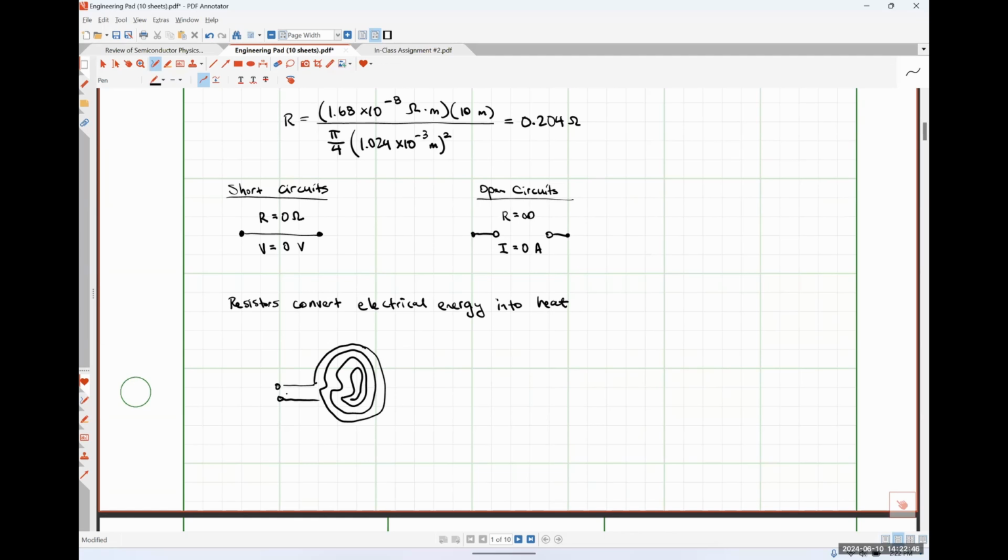Can anybody tell me why they might be shaped this way? Concentrates the heat. So it increases the length of the heating element while keeping its area as small as possible.